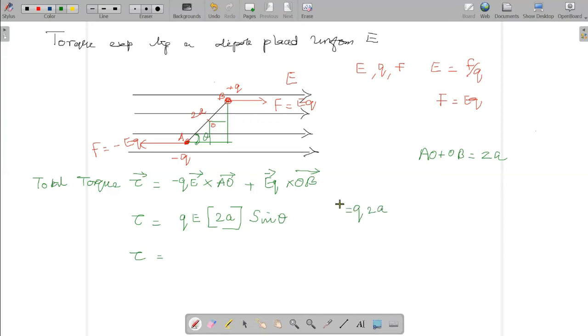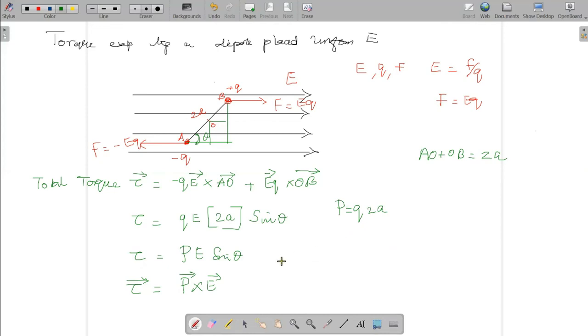dipole moment, P. Then the formula will become PE sin theta, which is a scalar quantity. So when you want to write the same thing in vector form, whenever sin theta comes, it is the cross product, P cross E, P vector cross E vector. So the conclusion point is that the torque is nothing but the cross product of two vectors.